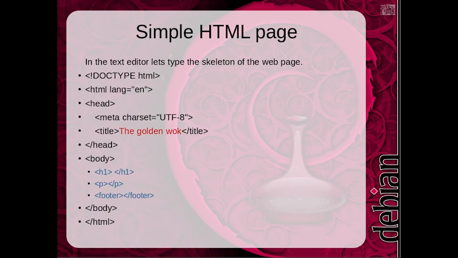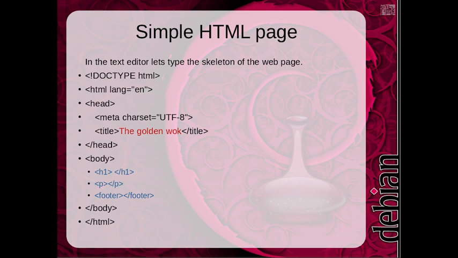HTML is not a case-sensitive language, so you actually can write them in capital versus small letters. But since we're learning, we're gonna do it the same way as it's been written.